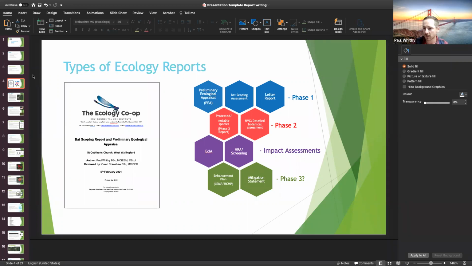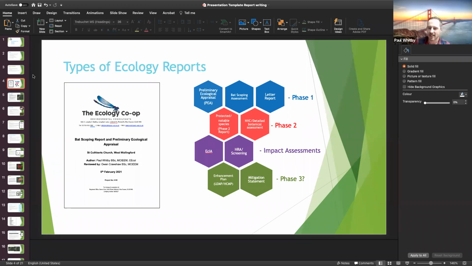And subsequently, you've got your impact assessments, which pull together the information you've gathered from your phase 1 and phase 2 surveys and consider them according to the ecological impact assessment guidelines produced by CIEEM, for example, or according to the habitat regulations assessment, which we'll touch on very briefly later. And finally, what I tend to refer to as phase 3.